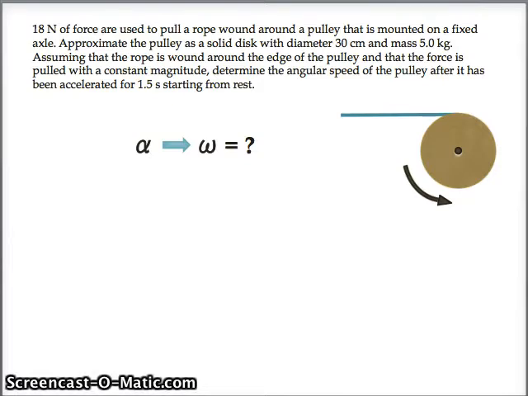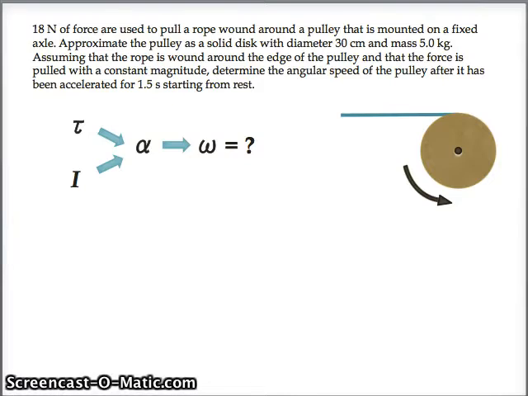But where is that value of angular acceleration going to come from? That's where we'll need to calculate both the torque that our pulling force creates and I, the rotational inertia of this disk that is moved around.